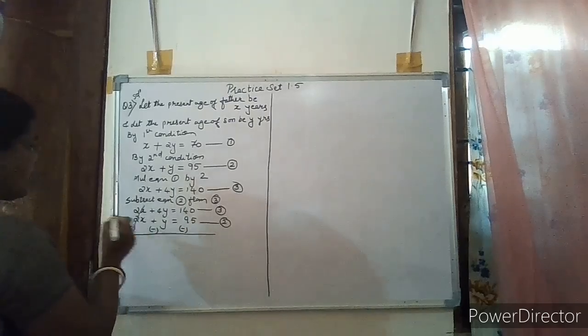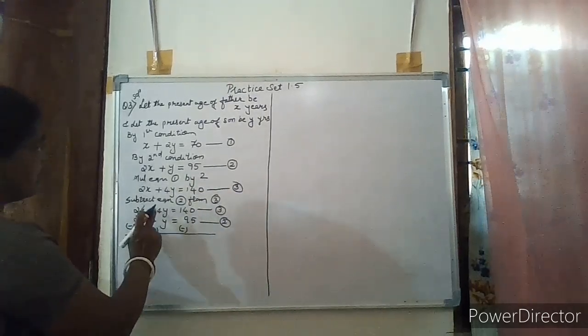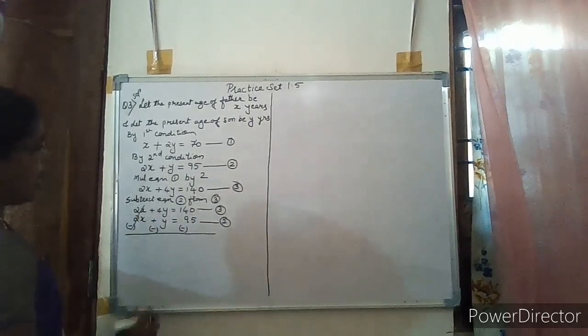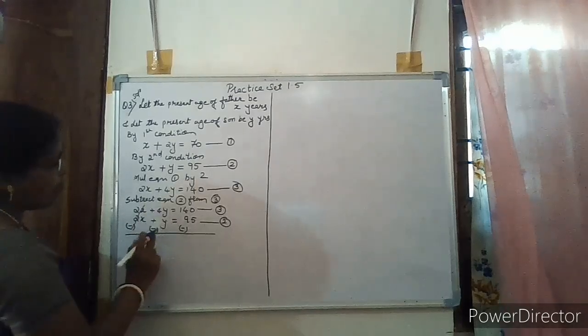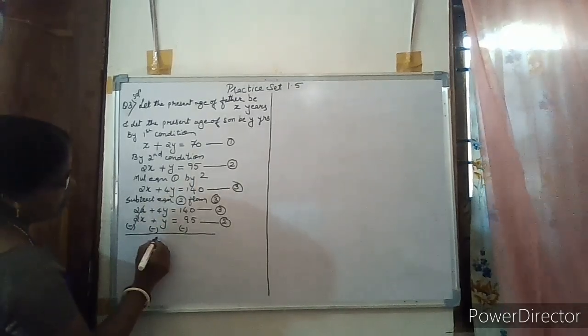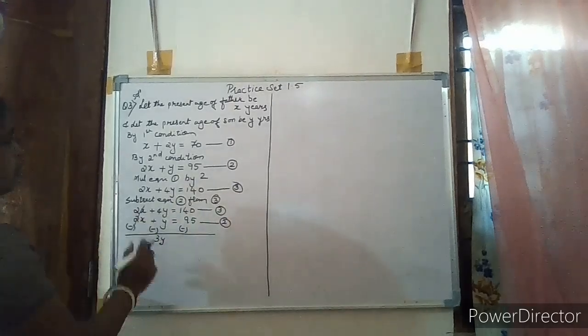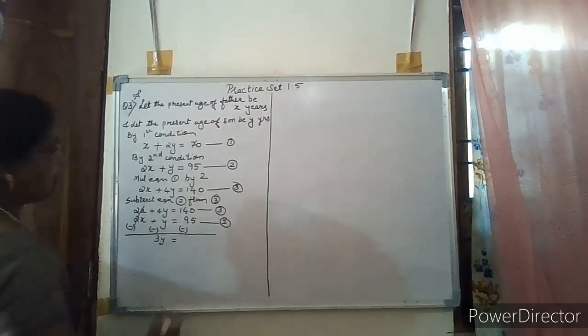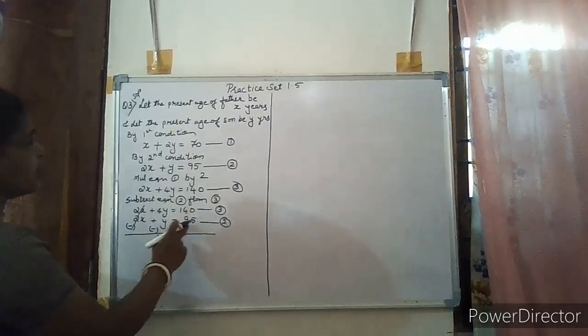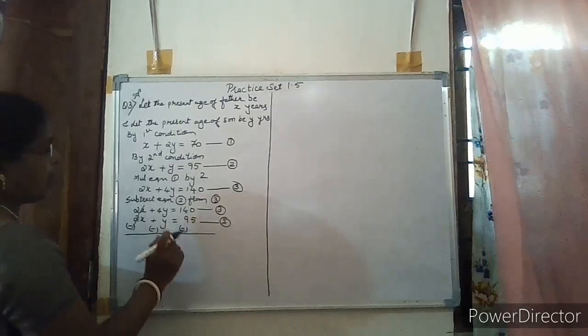So here 2x gets cancelled. Now 4y minus y will give the solution 3y. Sign of the greater number, equal to 140 minus 95.